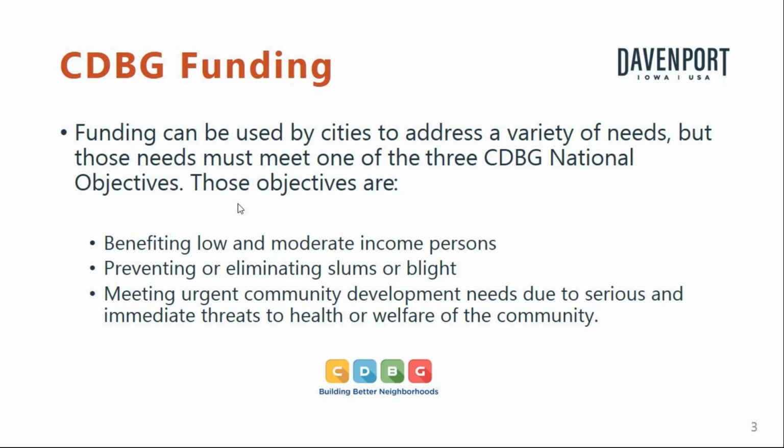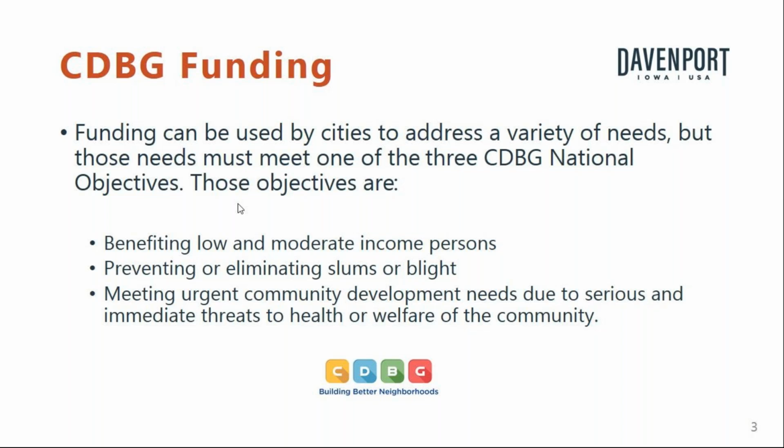And then the other national objective is one that we don't use very often, and it is called urgent needs. It's used to meet urgent community development needs due to serious and immediate threats to health and safety of the community. In past years, I would always say it's extremely rare. You never hear of cities using urgent need.